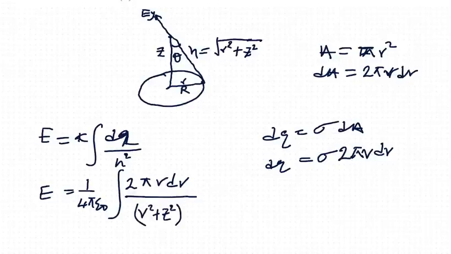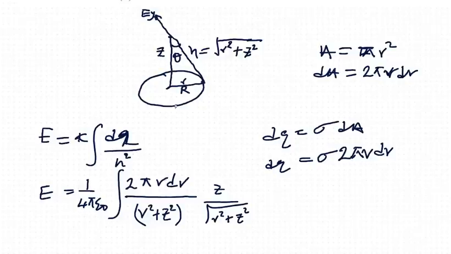But remember we have to resolve it in the y component, so we'll have cos theta, that is adjacent, which is z, divided by the square root of r squared plus z squared.